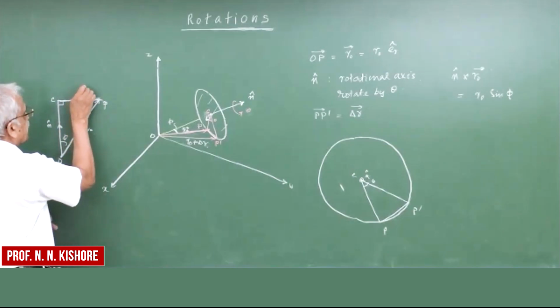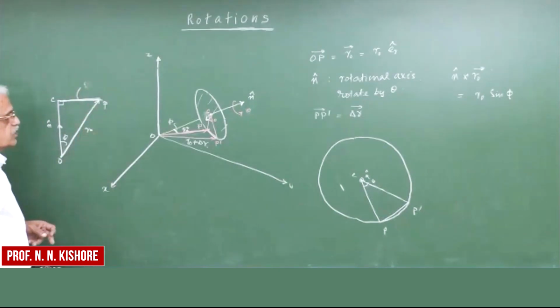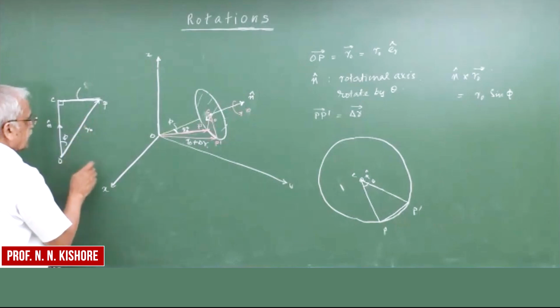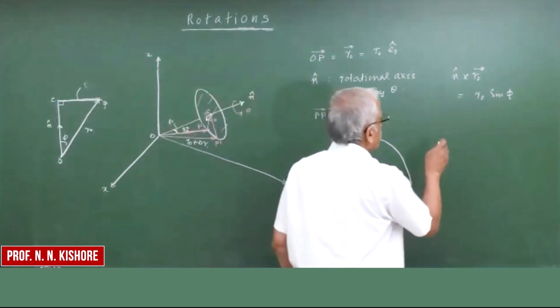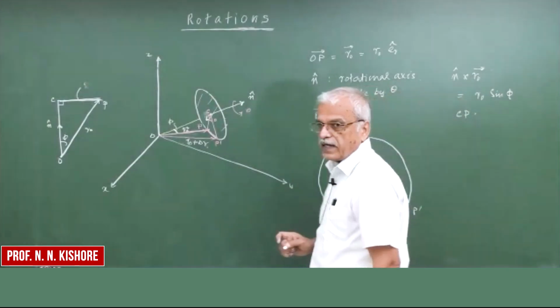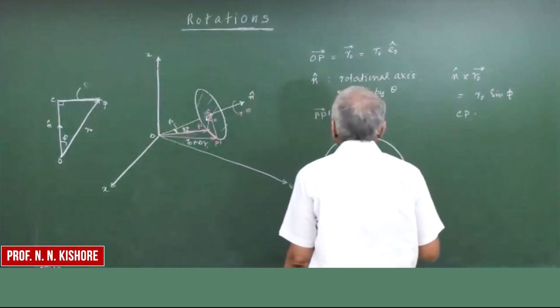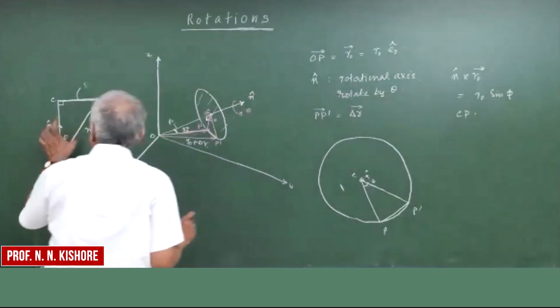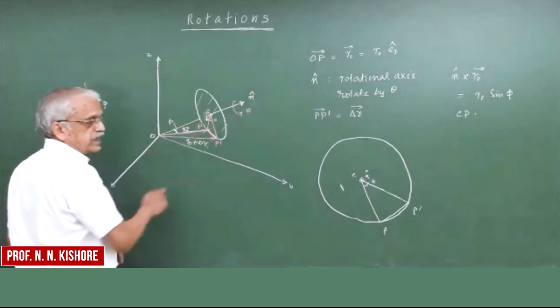Call it CP. So N cross R naught is nothing but CP, and its magnitude is CP itself.